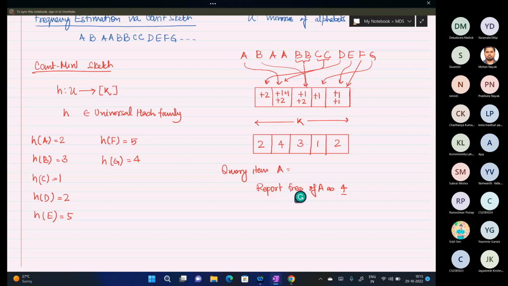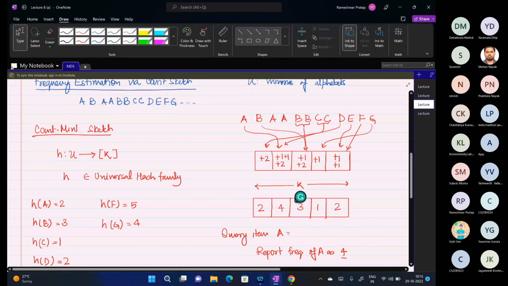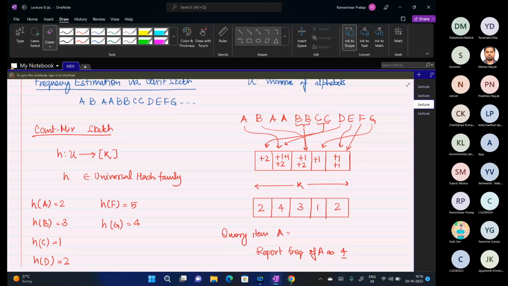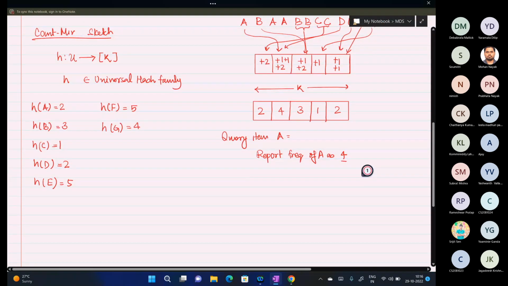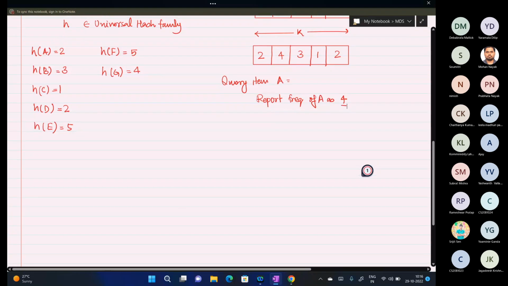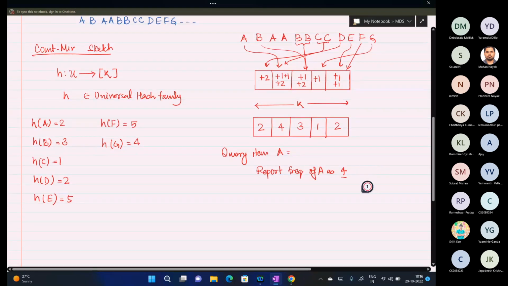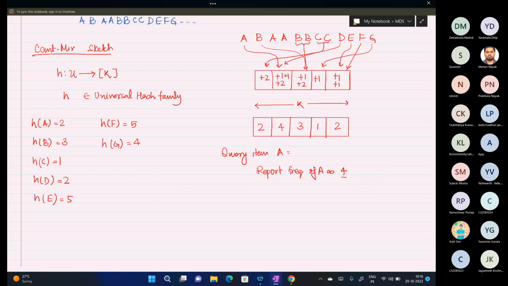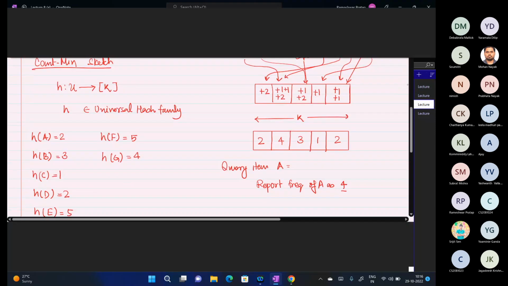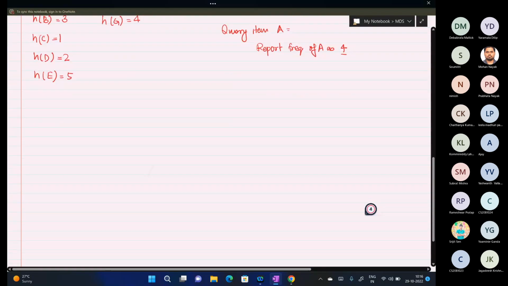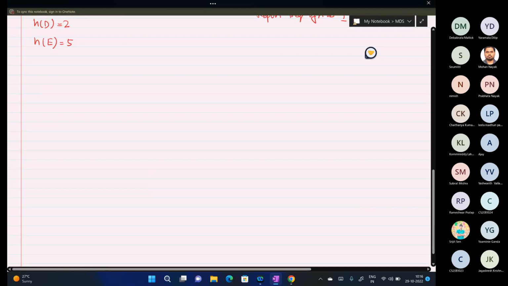The count sketch algorithm addresses this by introducing one more hash function. Any doubt on the count min sketch algorithm? Although we covered it last time. Now we'll see the count sketch algorithm on the same example.